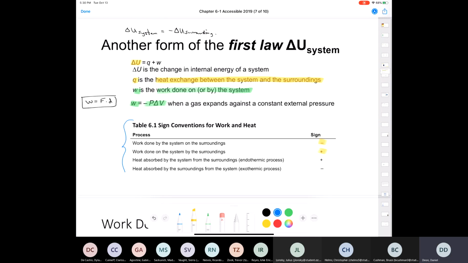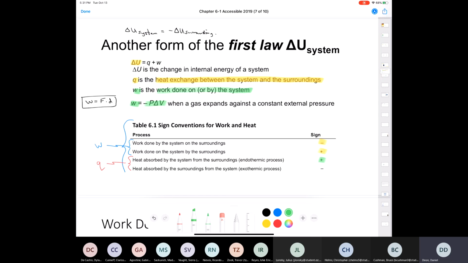Now, what about heat? Remember, work is W, and heat is our Q. If heat is absorbed by the system from the surroundings, that's an endothermic process, right? It's taking the heat in. So you think, okay, I'm adding heat to the system, so it's a positive sign.